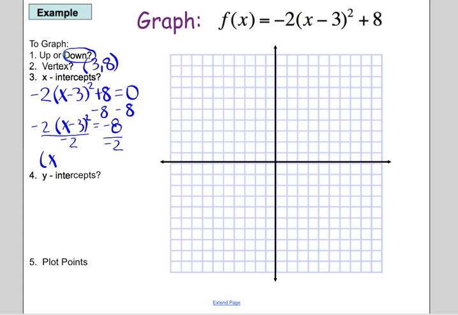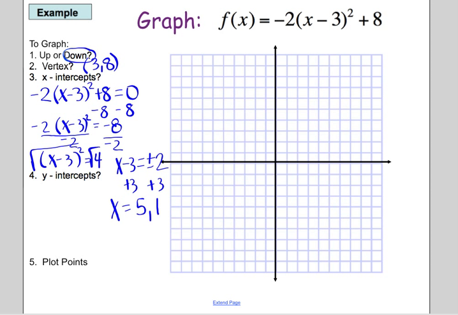Right now I have x minus 3 squared equals 4. Now we can square root both sides. Remember, when you do that, we get x minus 3 equals, and we have to remember that there are 2 solutions to the square root of 4, in this case, positive and negative 2. The last step will be to add 3 to both sides. Positive 2 plus 3 is 5. Negative 2 plus 3 is 1. So our two x-intercepts are at 5 and 1.